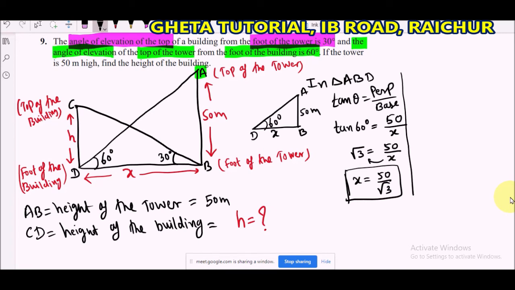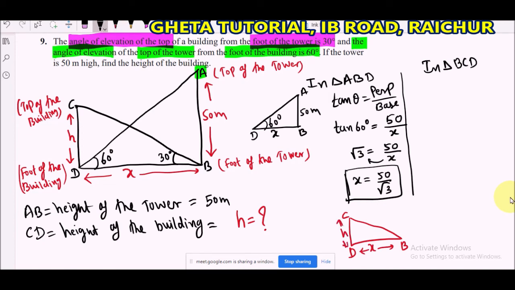Another triangle we have is triangle BCD. Here I will draw the triangle BCD, with vertices B, C and D. Here we have X, and CD is h.